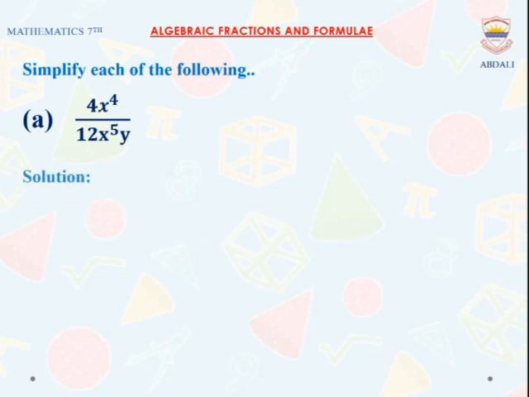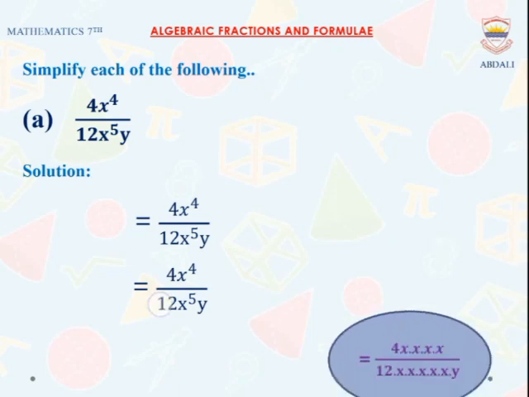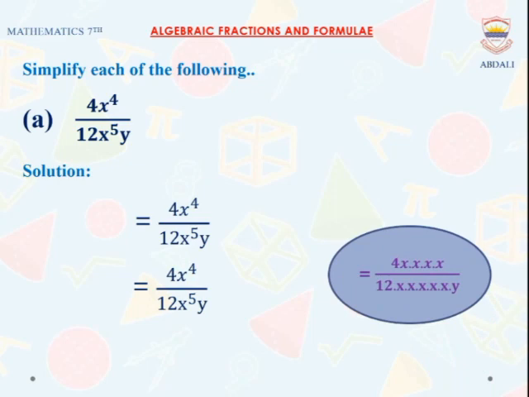Okay, so let's start the solution. Firstly, we will rewrite our question as it is. And then we can see that in this question, the exponents are written in exponential form. Variables have powers. So we will write it in expanded form. Now we write x power 4 as 4 times x, and in the denominator we write x power 5 as 5 times x.